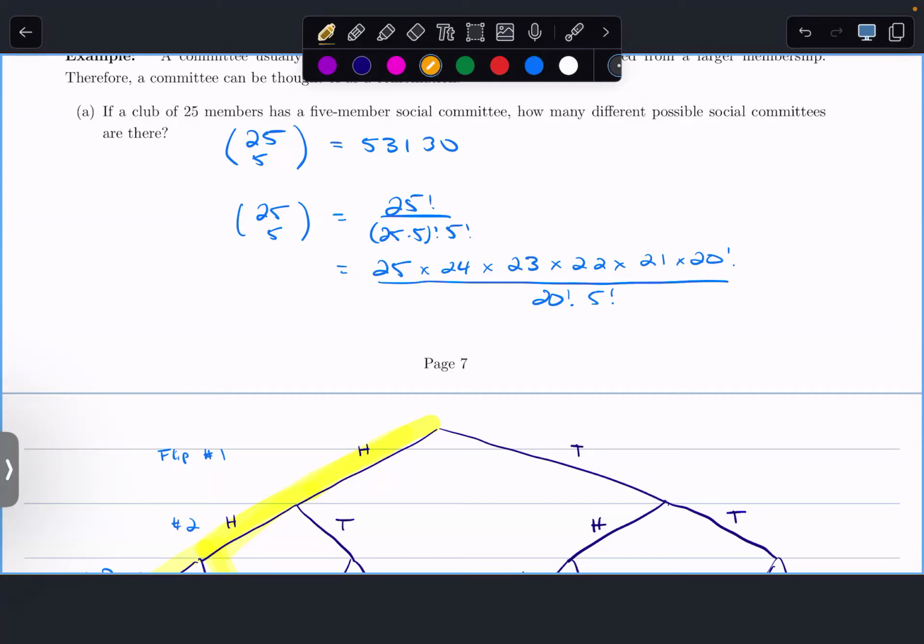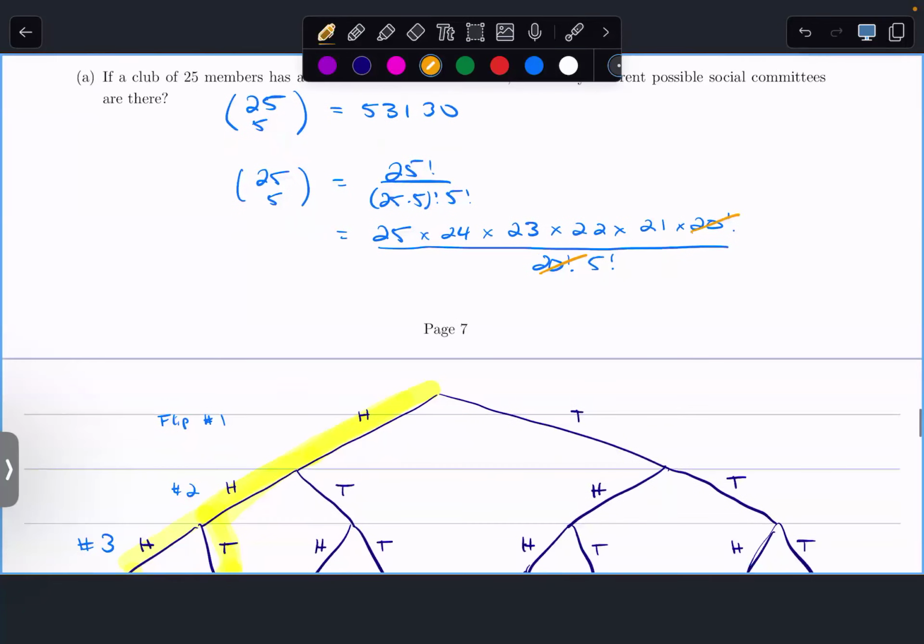It is the overlap. 20 factorial cancels with 20 factorial. And we're dividing by the 5 factorial.